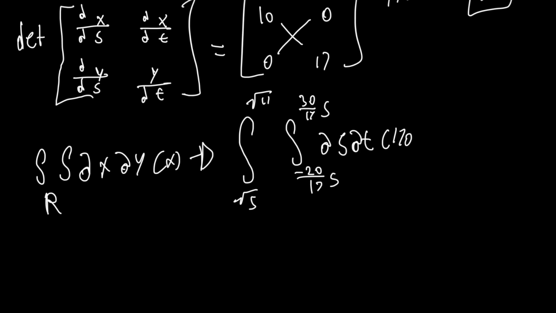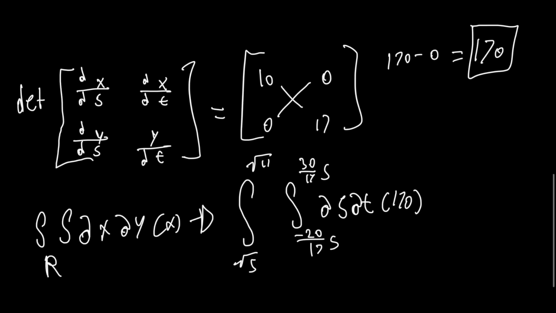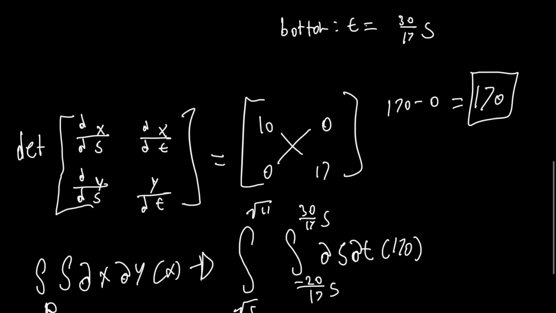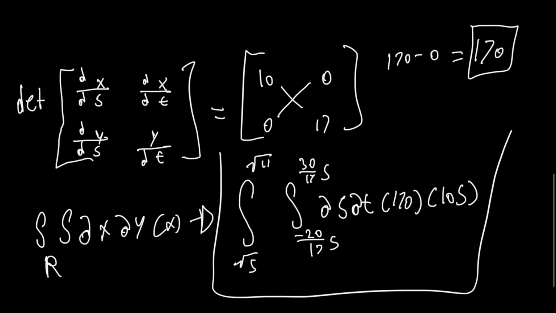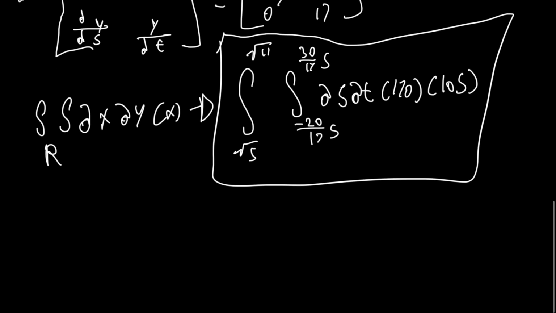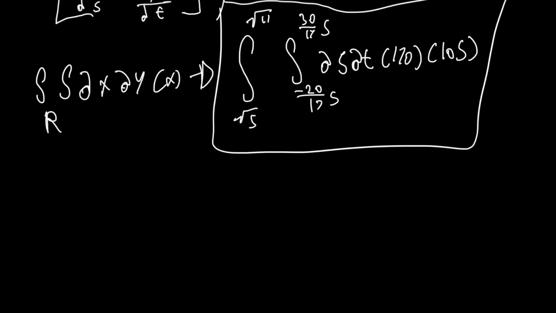The Jacobian is 170. Then recall how x is in there, so we're going to replace x with what we have over here, 10s. Perfect. That is our first step. Now, we're only one step away. We have to convert it to polar.